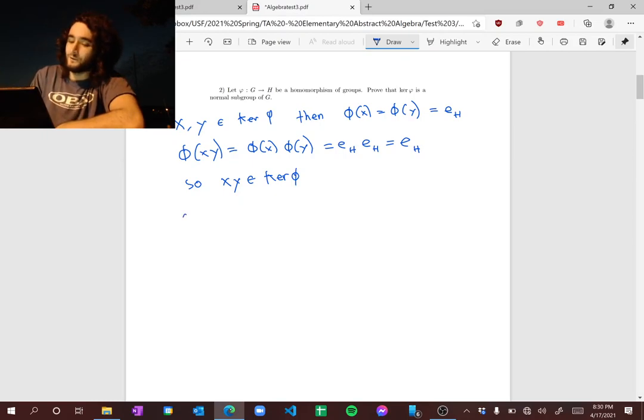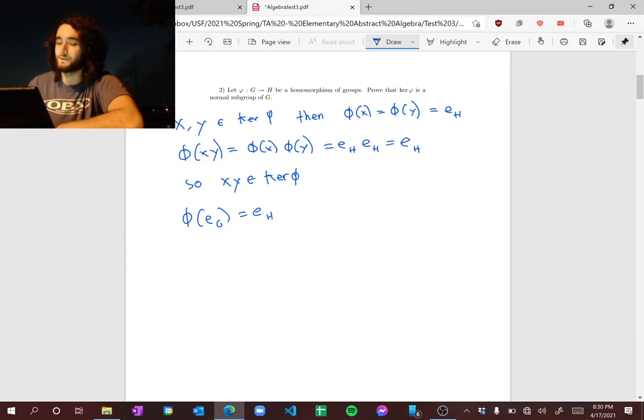So it's closed under multiplication. Now, of course, the identity gets mapped to the identity. That's a thing you for sure know about homomorphisms.